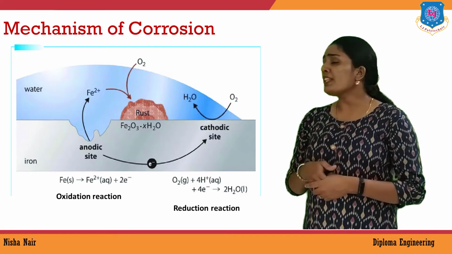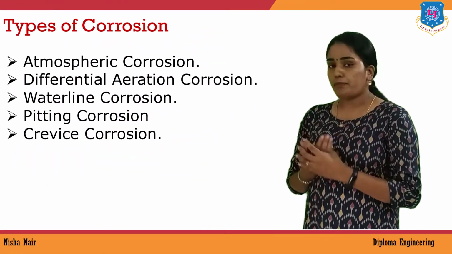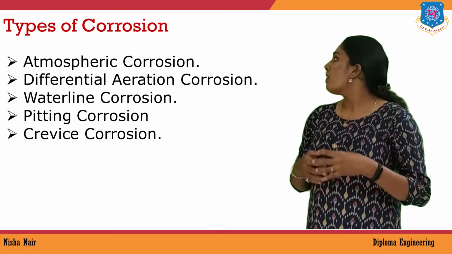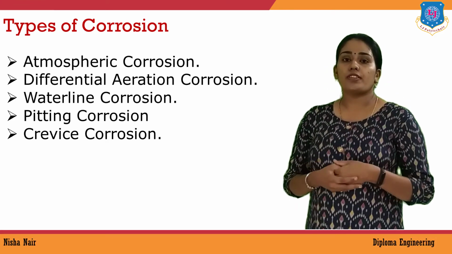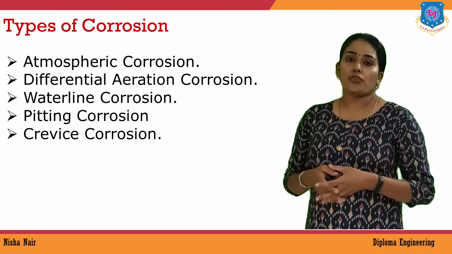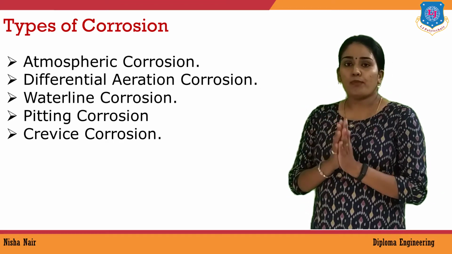Now, there are different types of corrosion, like atmospheric corrosion, corrosion due to differential aeration, waterline corrosion, pitting corrosion, crevice corrosion, etc. Now, what is atmospheric corrosion?